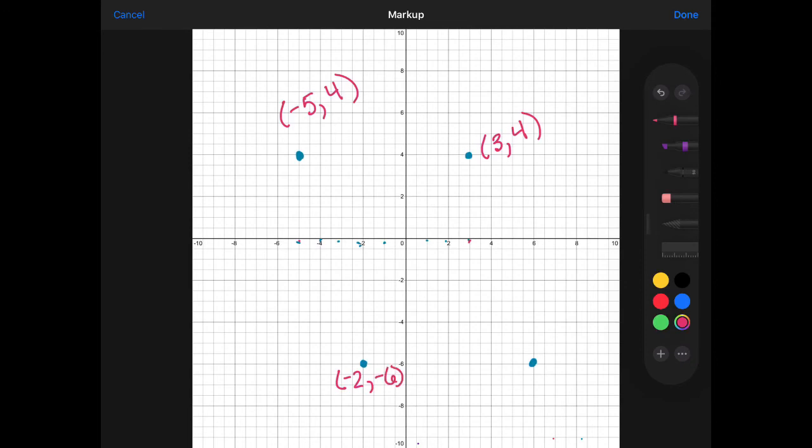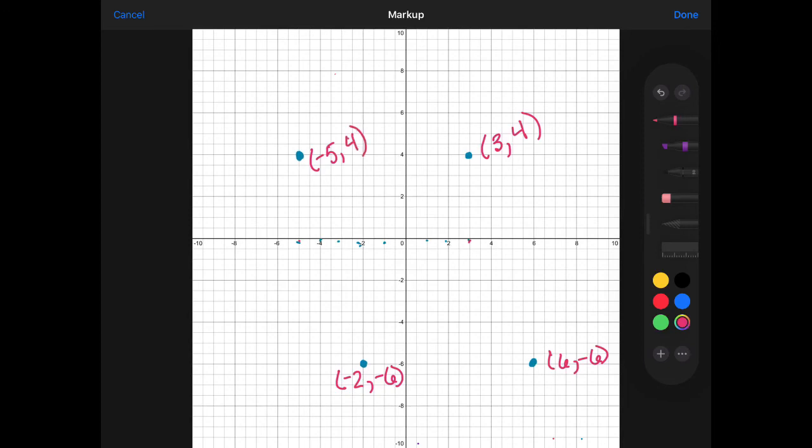And our last one, we went over 6 and down -6. I'm going to fix this other one because it's floating in the air and that's bothering me. So this is -5, +4. Okay guys, so there we go.